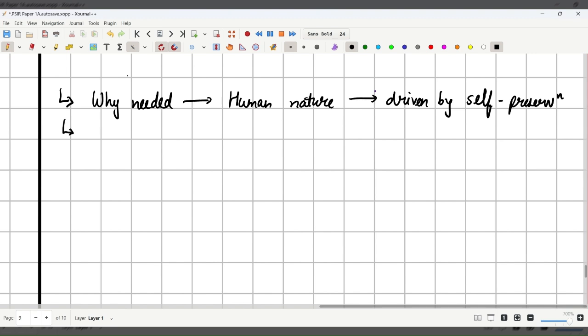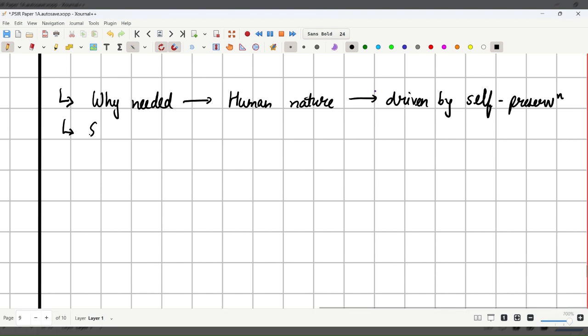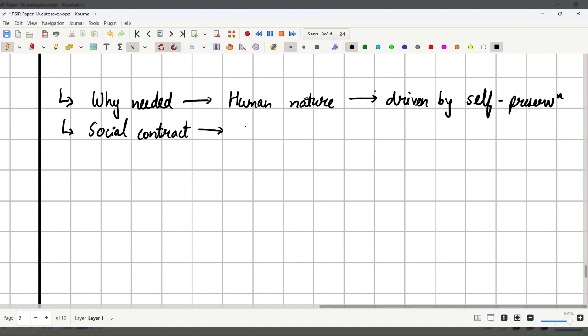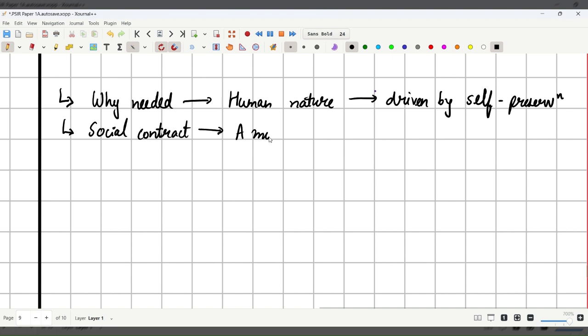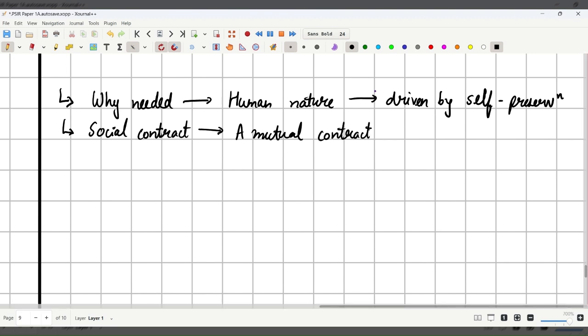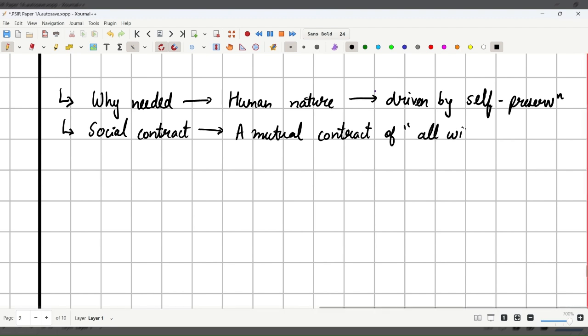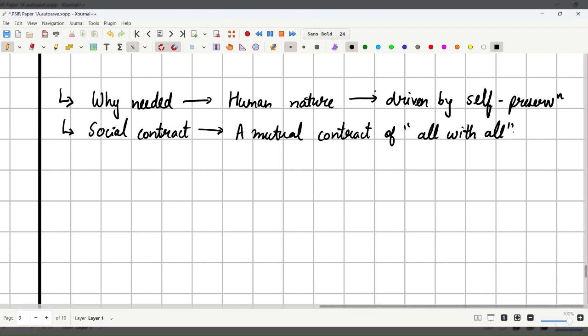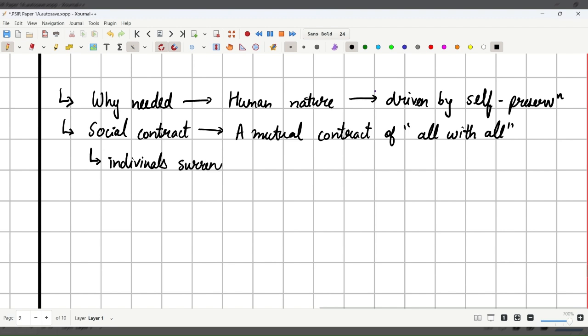So what is a social contract? It is a mutual contract of all with all, in which individuals surrender all their natural rights except the right to life.